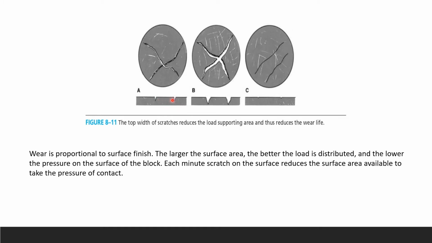So every time you have a scratch, the total surface area reduces. So here you have a little scratch. So C has more surface area than A or B. B has, see, look at that, a very, very deep scratch. So therefore, B loses more surface area than C and A.